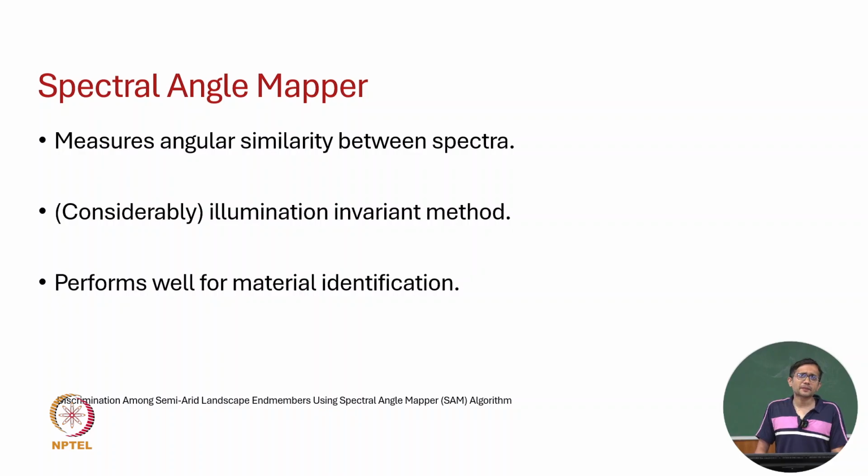Given a reference spectra and given the target material which you are trying to classify, you just measure the similarity between the reference spectra and your target. This performs well for material identification, and again, of course, performance is limited on complex scenes.